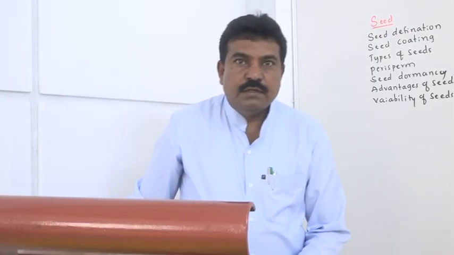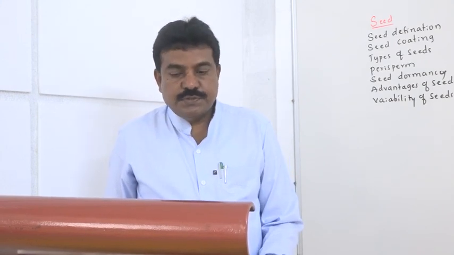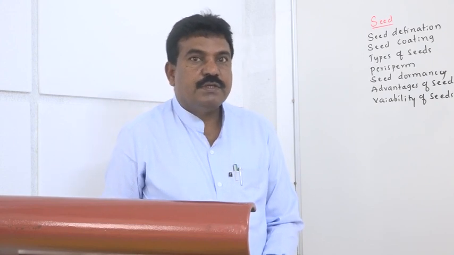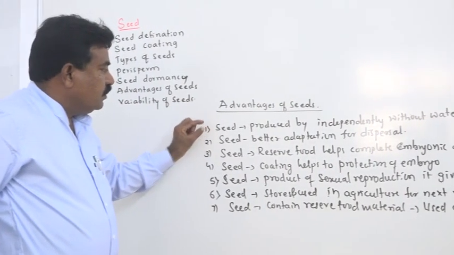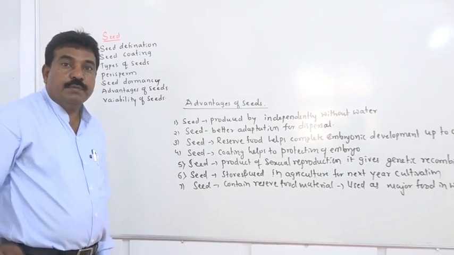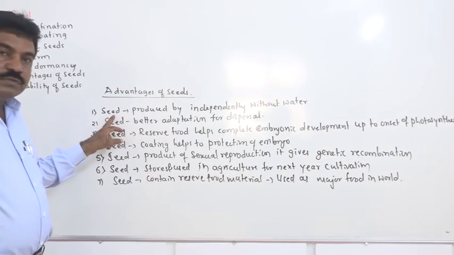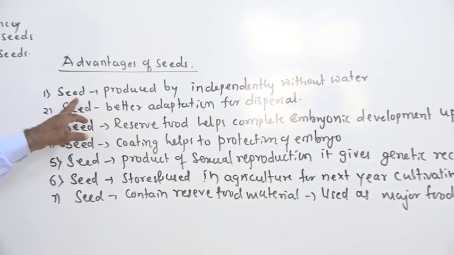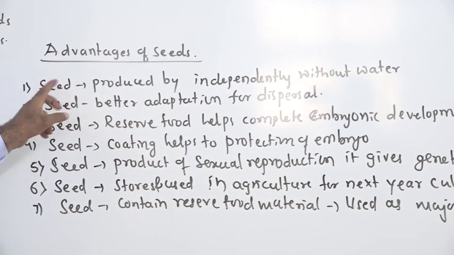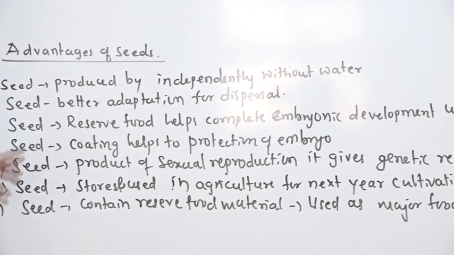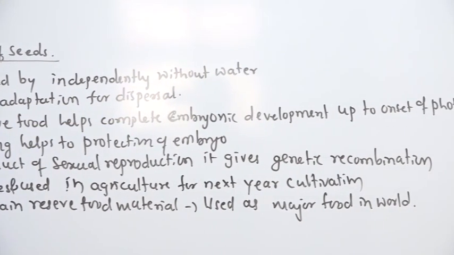If you consider the next topic with respect to the seed, what is the benefit of seed for plants as well as mankind? First, the seed is a very specialized reproductive body we see especially in gymnosperms and angiosperms. After pollination and fertilization, the ovule becomes the seed, and it can reproduce independently without the use of water.